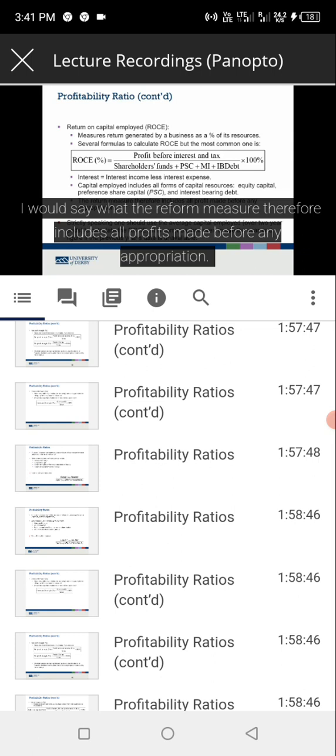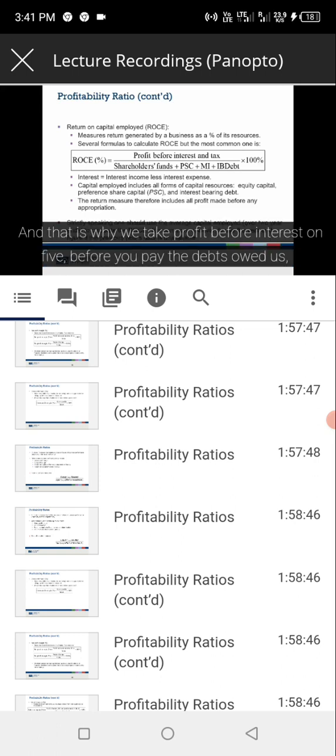And the return measure, therefore, includes all profit made before any appropriation. That is why we take profit before interest and tax, before you pay the debt holders, because we are also including the debt value in the calculation. So it has to be the profit made by the company before paying any capital provider.